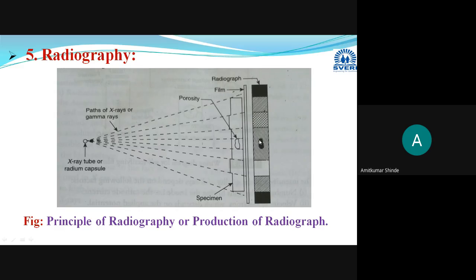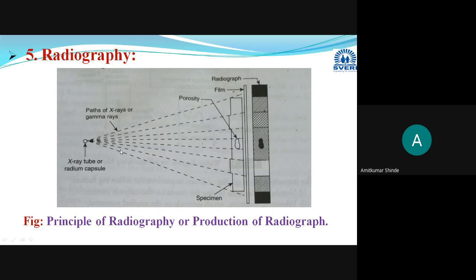Due to that you will get a dark spot, and that spot will have the same shape and size as the defect present in the test specimen. In this way, by analyzing this, you can easily detect the nature of the defect, its shape and size, with the help of this radiography technique. So this is the general principle of the radiography technique.